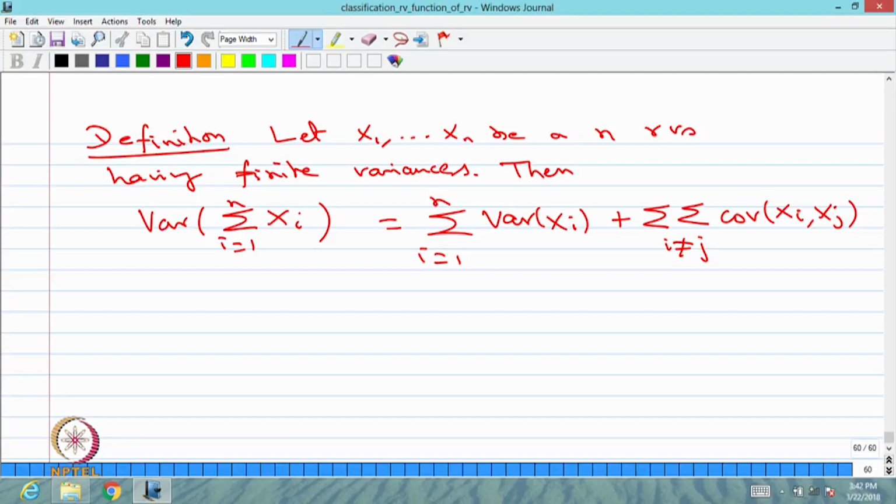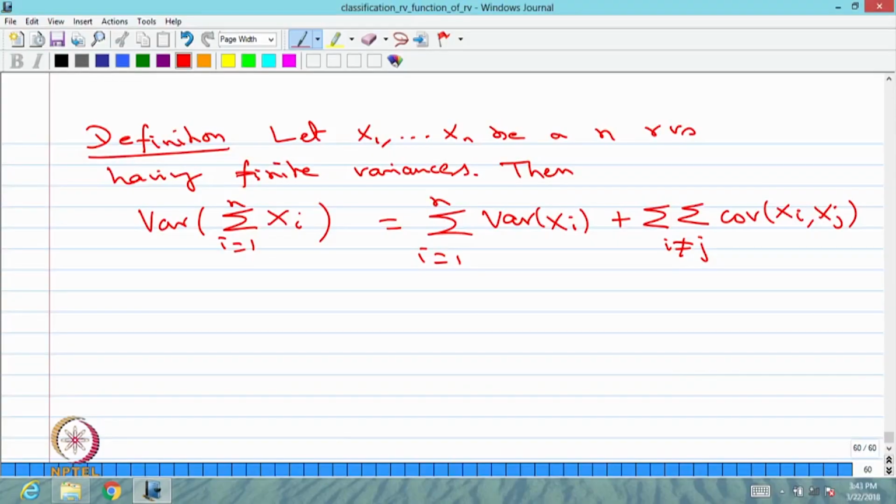That is, the variance of a sum of random variables is the summation of the variances of the individual random variables plus the covariance of any two distinct random variables.